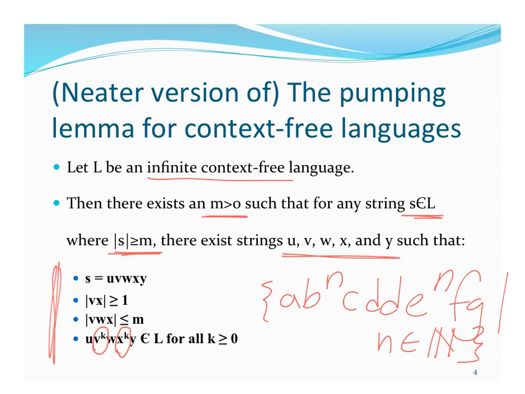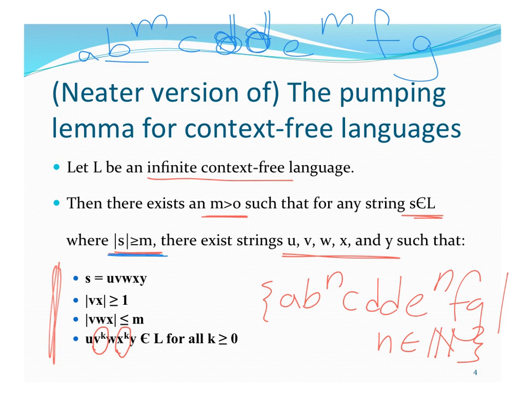You can get a feel for what can happen here if we pick a string where the length of s is at least m characters long. So maybe we pick the string a, b^m, c, d, d, e^m, f, g. These d's are not superscripts, they're just d's.